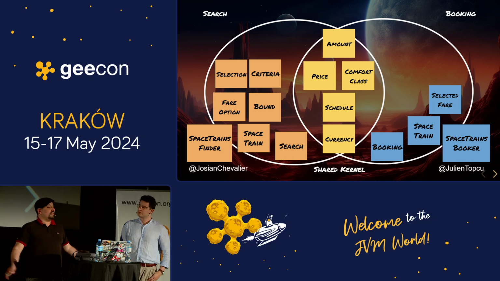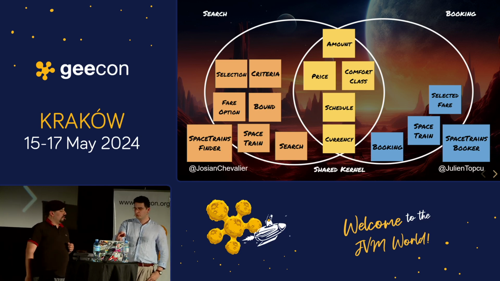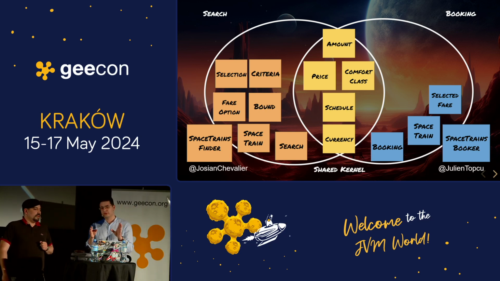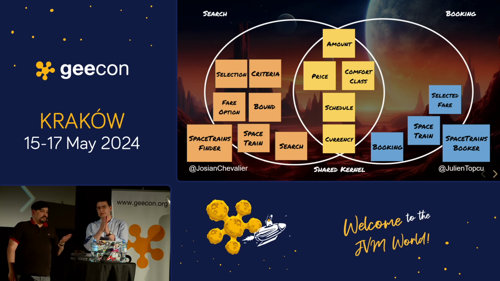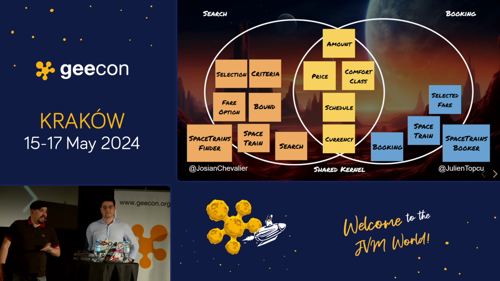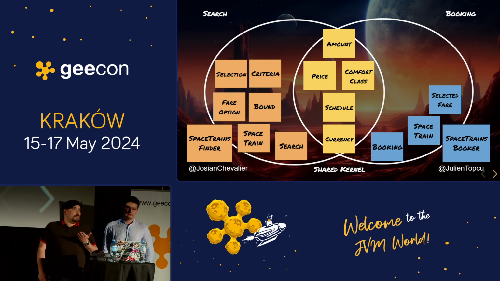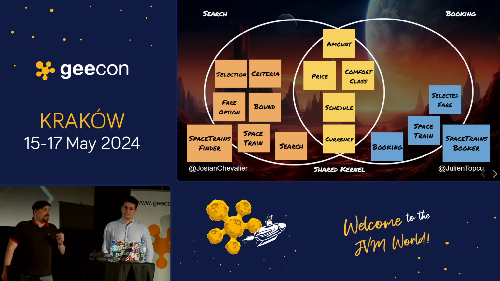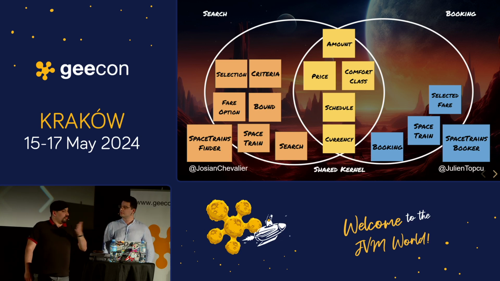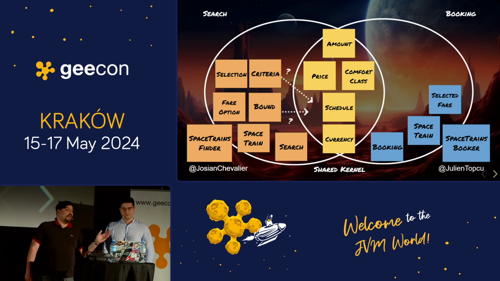It represents the intersection between our domains. It also represents the area of uncertainty where we believe the boundaries between our domains exist, but we're not exactly able to pinpoint them. Exactly. And we still have flexibility because in the future, if you realize that you need criteria and bound, the same way that they have been defined in the search, for the booking, you just have to move them into the shared kernel with their related tests without any unnecessary duplication.